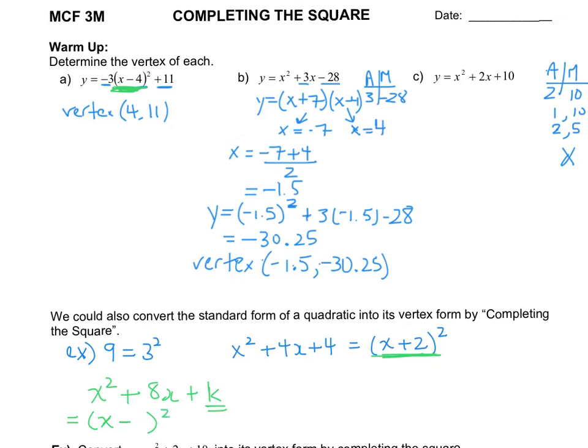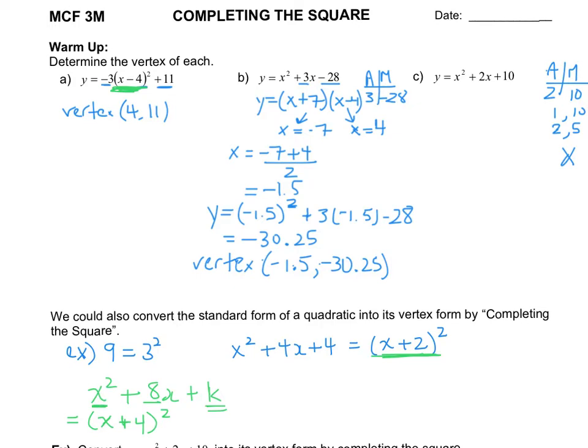So if I have x times something, I'm going to need to work backwards. Instead of doing twice the product, I'm going to take my 8 here, cut that in half and get a 4. So I'm going to have this as a 4 here. So that gives me x plus 4. If I square the first, that gives me the x squared.